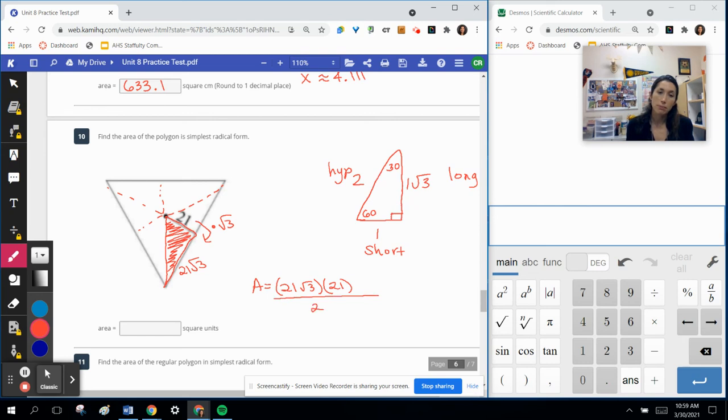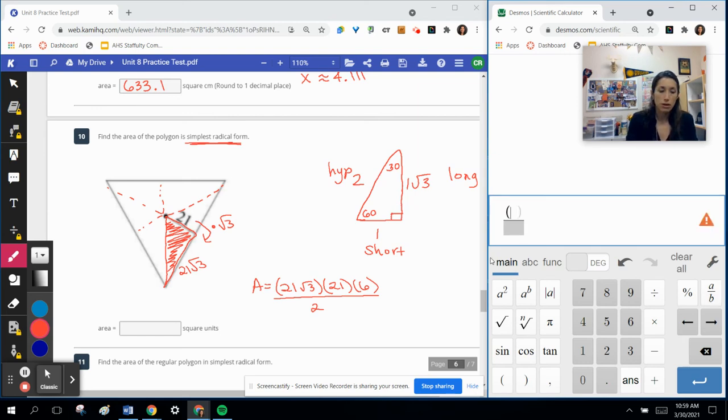That's the area of just that red highlighted triangle, and then I have 6 of those triangles. Now, we want our answer in simplest radical form, so let's see what happens when we put this into the calculator. 21 square root 3 times 21, all times 6, all divided by 2.